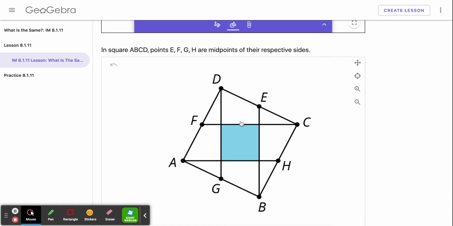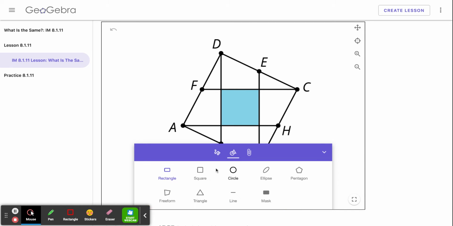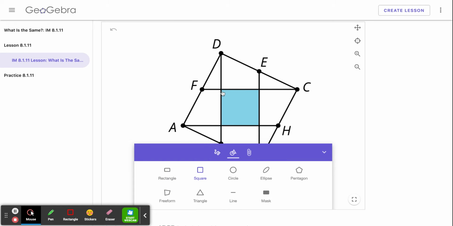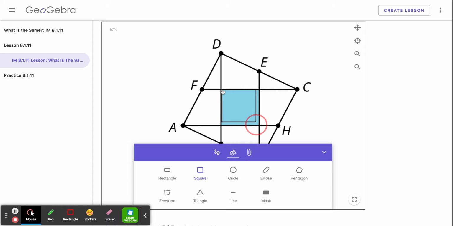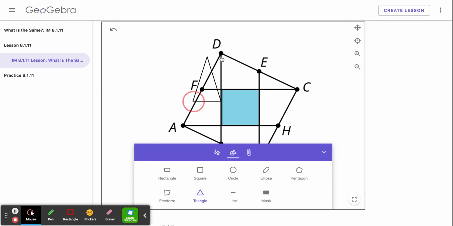So you're able to investigate this question with the same tools that we used before. So you can draw a square, for example, in the square here. You might also want to split it up into smaller shapes, like maybe a triangle, to investigate this portion here.